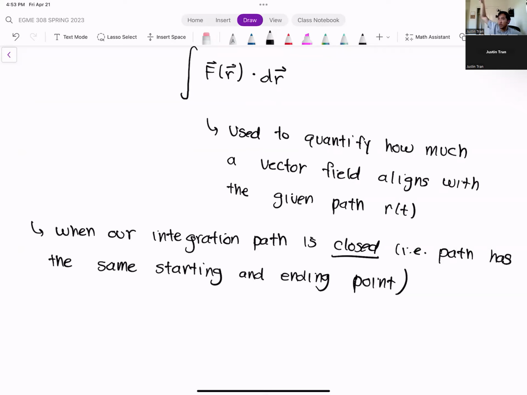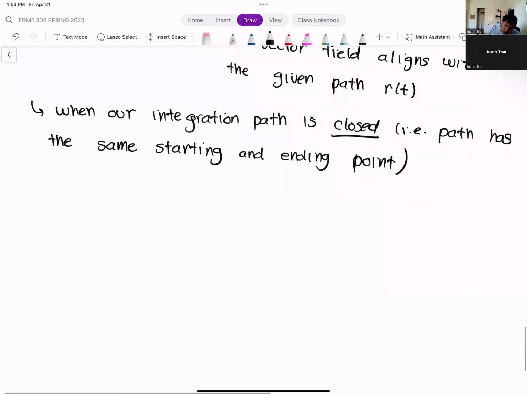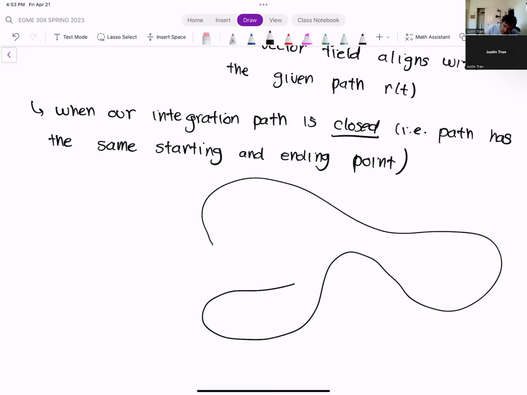It starts out, goes around, and it can even do a lot of loop-de-loops. It can do a lot of crazy stuff. But in order for it to be closed, it has to come back to the same point. So maybe we have something like this, where this is our starting point, and we progress this way along the path.